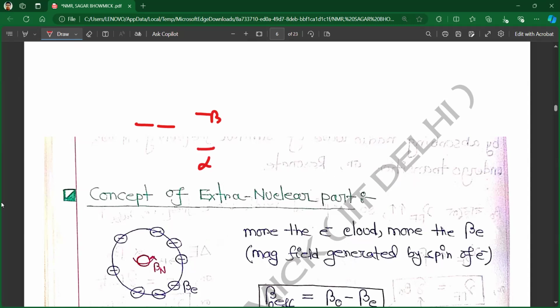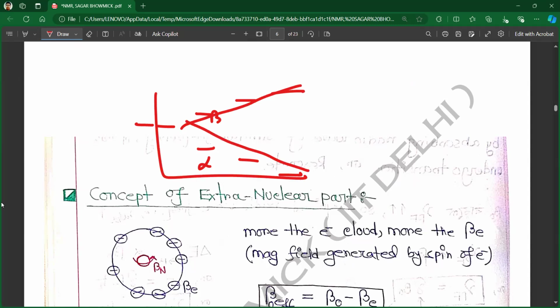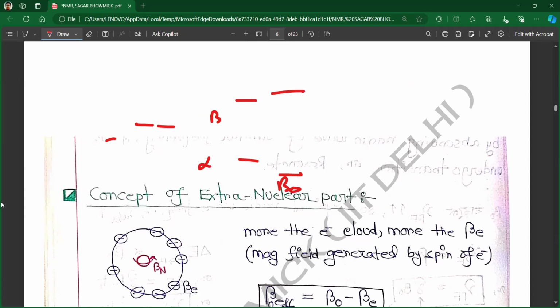If I apply more external magnetic field, then the separation is more. This is basically a line like this, E versus B naught, right? And some formulas we have seen. When we apply a magnetic field, two things happen: splitting is occurring, and second, precession is occurring, right?